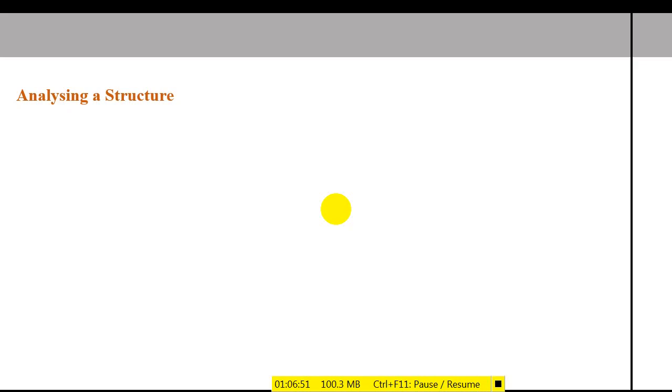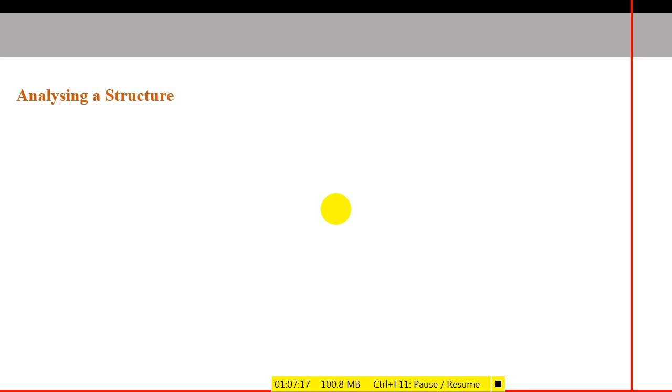So when you look at analyzing a structure, we have several of these methods available, and prior to the analysis we have to see whether it is statically determinate or indeterminate. If it is determinate, you can simply analyze.